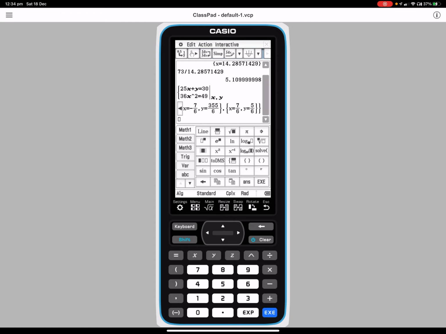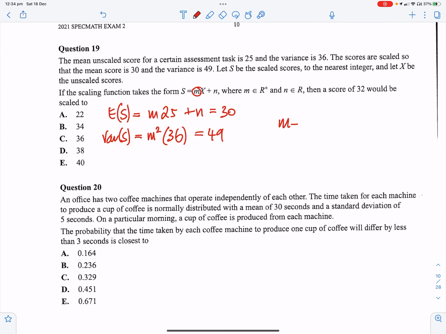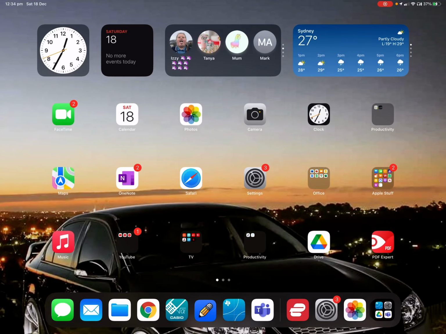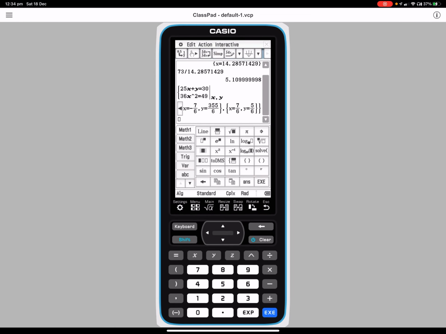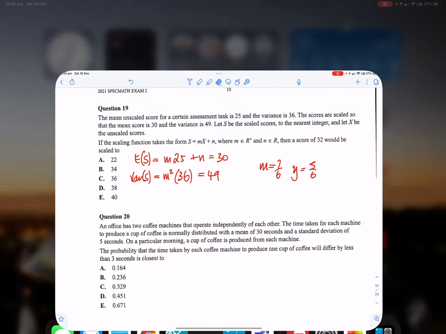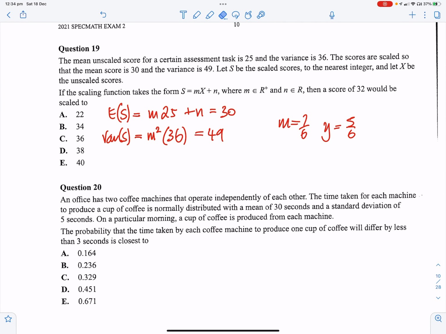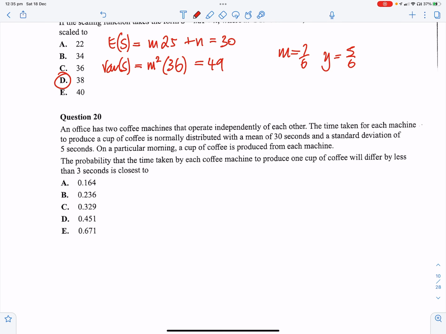Okay, they both have to be positive, so m is 7 on 6, n is 5 on 6. So if I multiply 32 by 7 on 6 and add 5 on 6, 32 times 7 on 6 plus 5 on 6, I get 38.16. Scaled to 38.